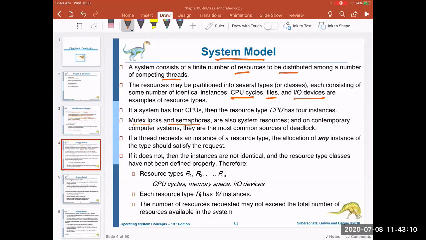They are also system resources, and these are the most important resources which create a deadlock, because whenever there is a shared resource, even shared memory, we were saying that to synchronize different processes we use a mutex lock or semaphore.